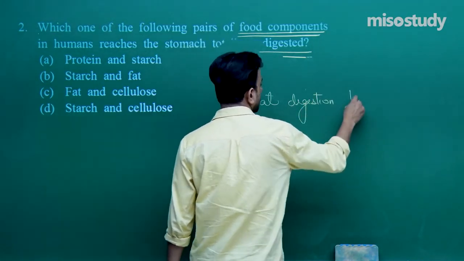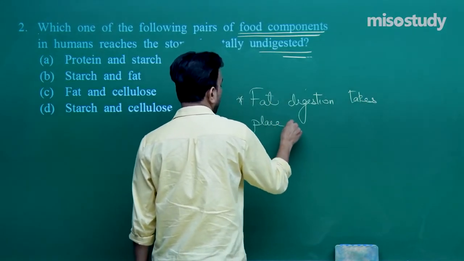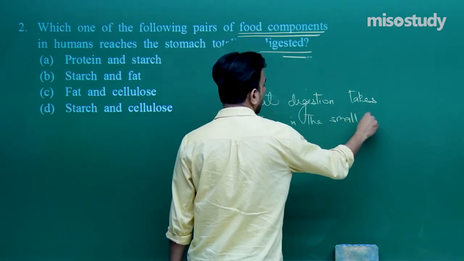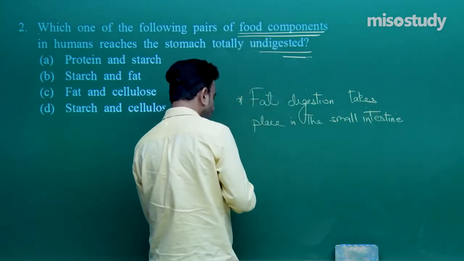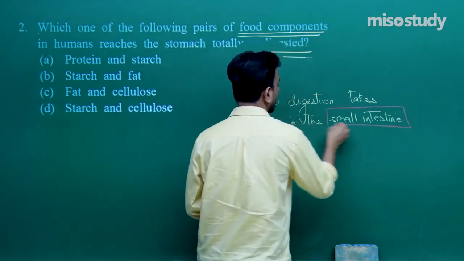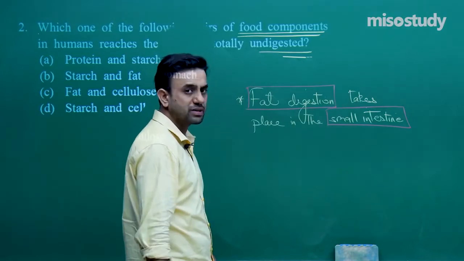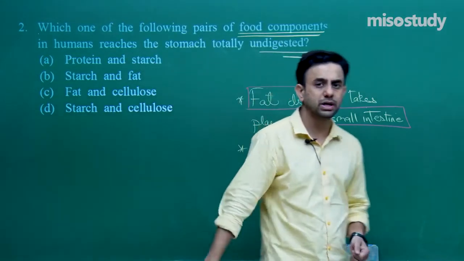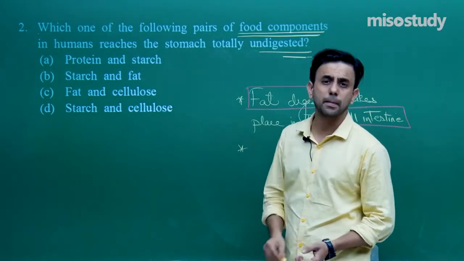The fat digestion takes place in the small intestine, and protein digestion will be taking place in the stomach as well.